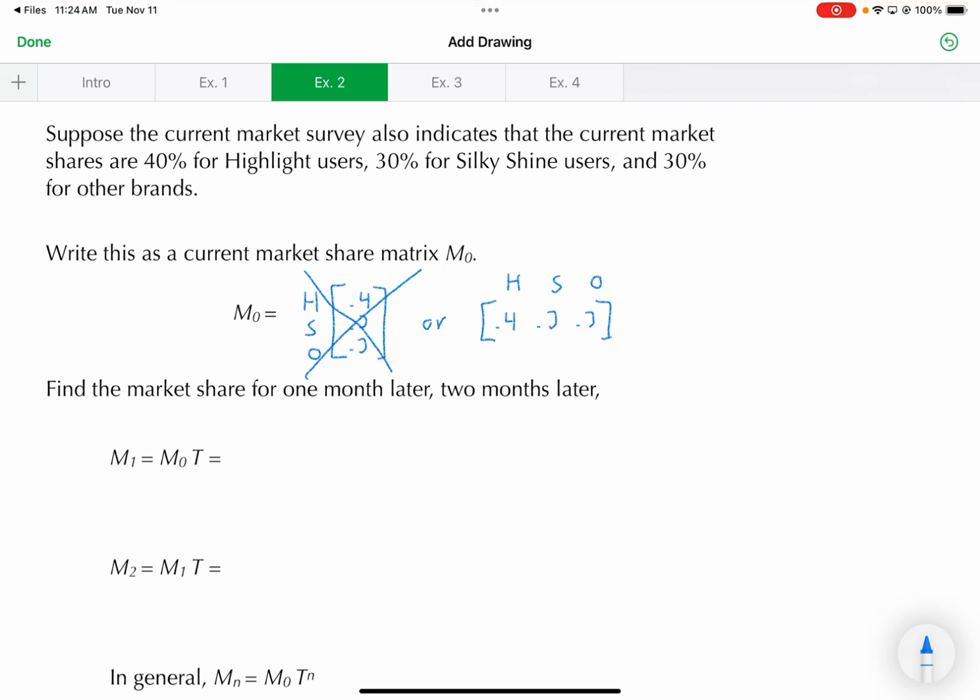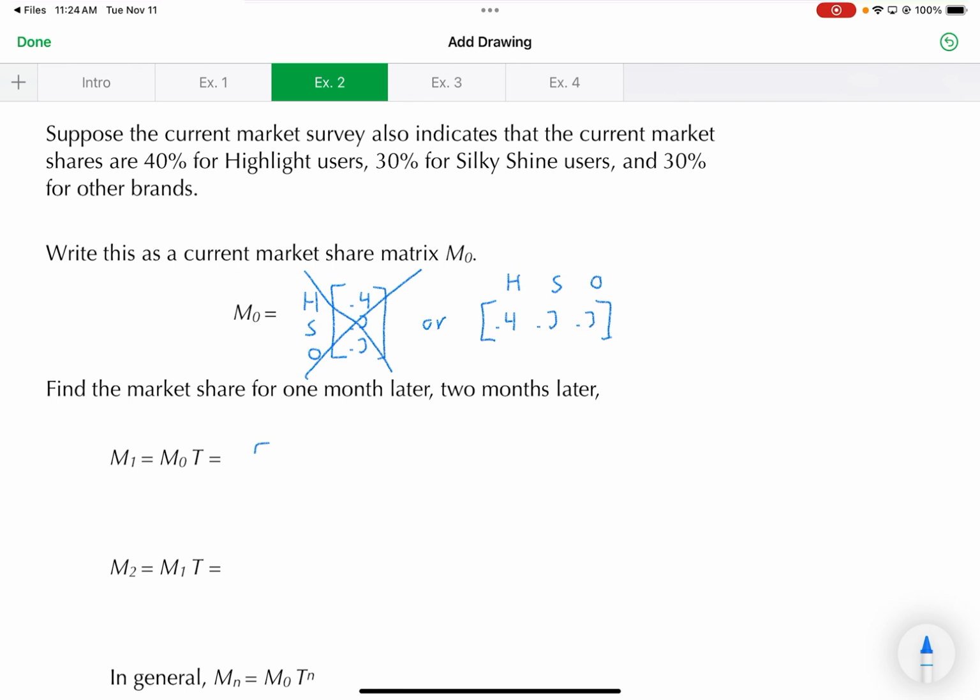Okay, so I want to find the market share for 1 month later and then 2 months later. So M sub 0 is the current market share. If I want what's the market share going to be after 1 month, I'll designate that M sub 1. And I would find that by taking the current market share, M sub 0, and multiplying it by our transition matrix. Okay?